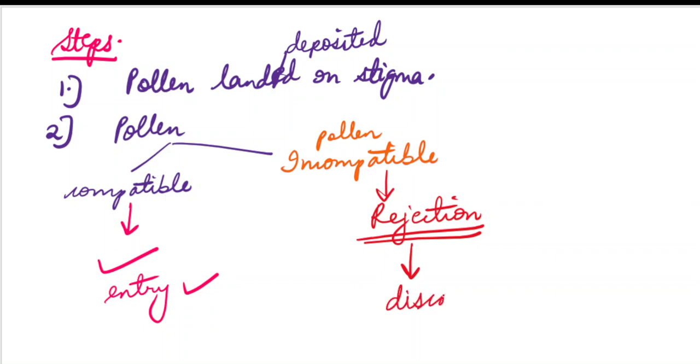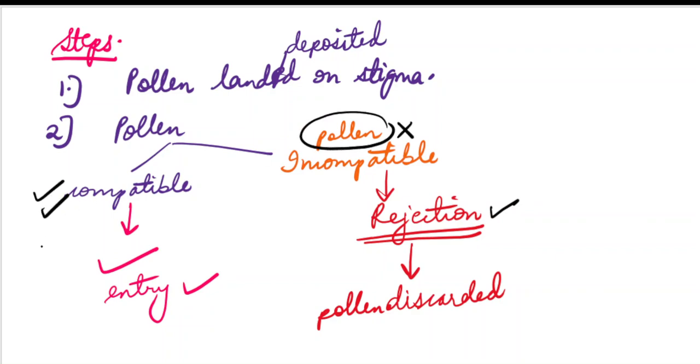So because of compatibility or incompatibility, here there will be rejection and the pollen will get discarded, and the compatible pollen will be detected and taken inside. There will be entry given for further work.